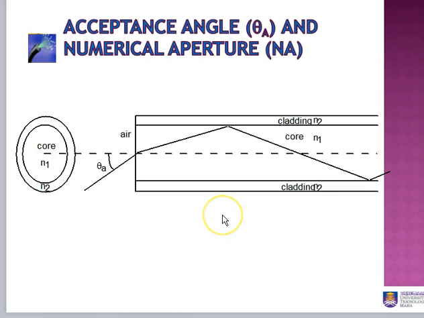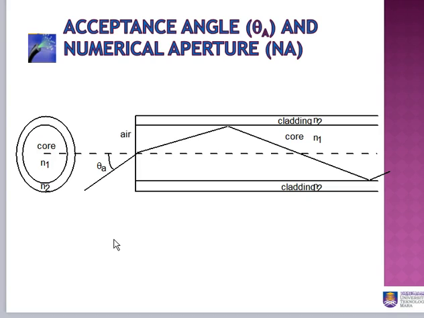So now we look into the numerical aperture and also the acceptance angle. These two important characteristics will ensure the successful transmission of light from transmitter to the receiver. The numerical aperture is a measure of how much light can be collected or coupled into an optical system, such as an optical fiber or a microscope lens.